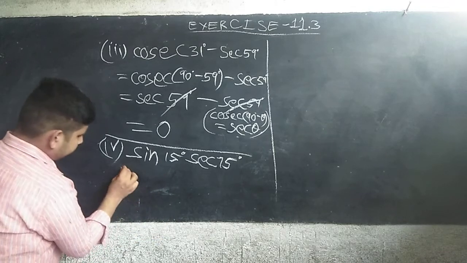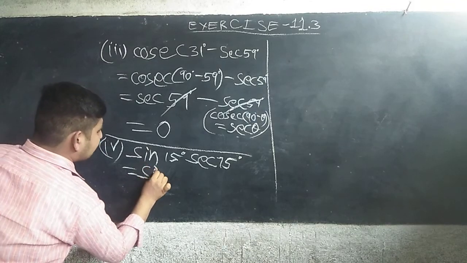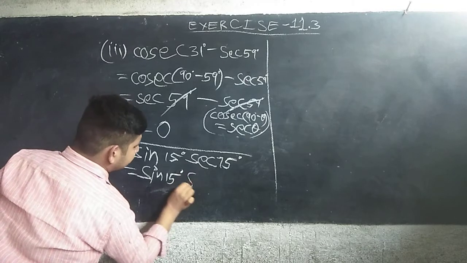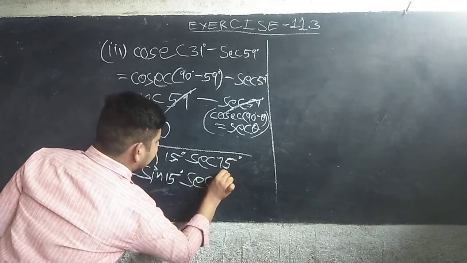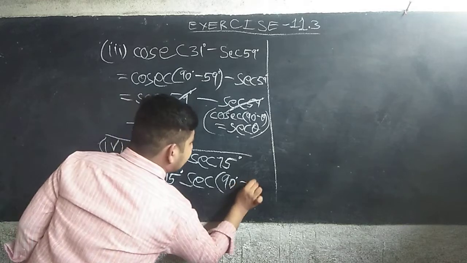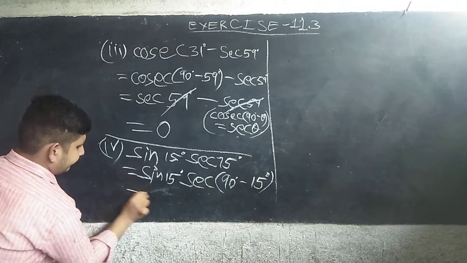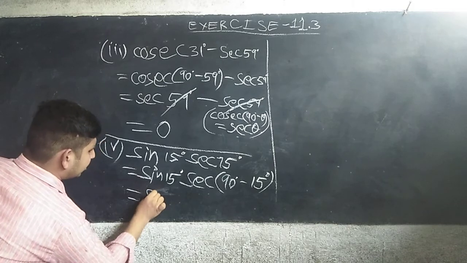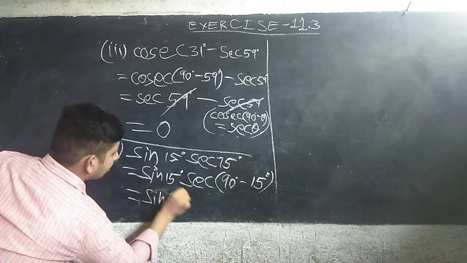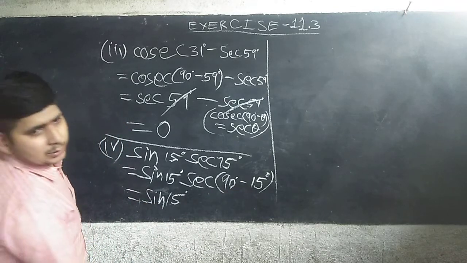So sin 15 degrees into sec 90 degrees minus 15 degrees equals sin 15 degrees into cosec 15 degrees.